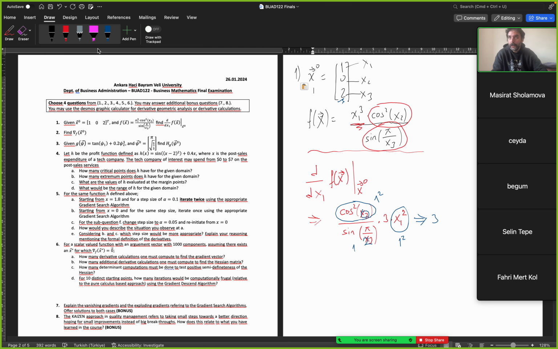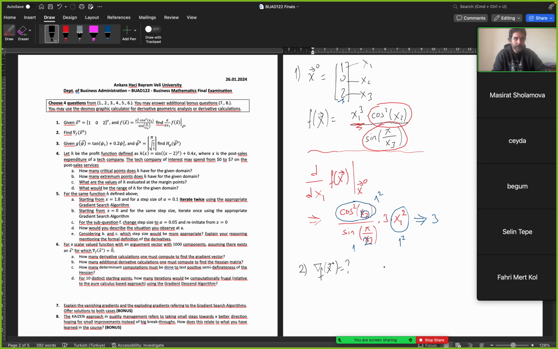So the second question again uses the function f. Here we are asked to find the gradient of f evaluated at x0. We should find this. We already have the first derivative function with respect to x1.